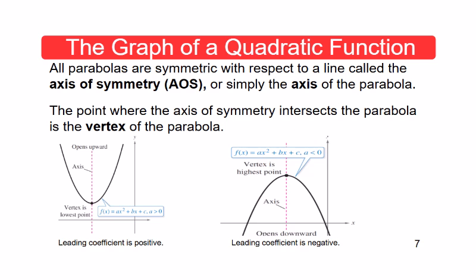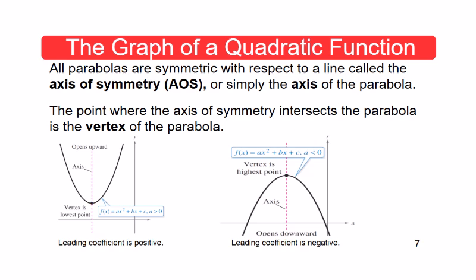So when we look at the graph of a quadratic function, some of the anatomy of a parabola is that you have a vertex. So the vertex is the point, kind of at the tip of the U or the parabola shape, right?